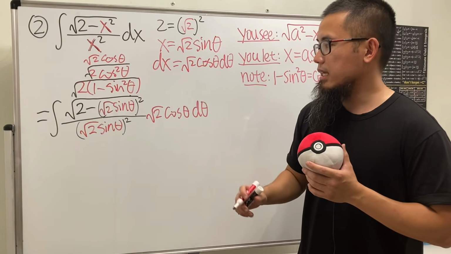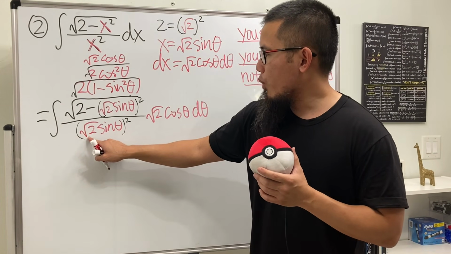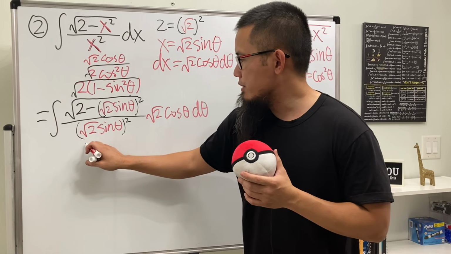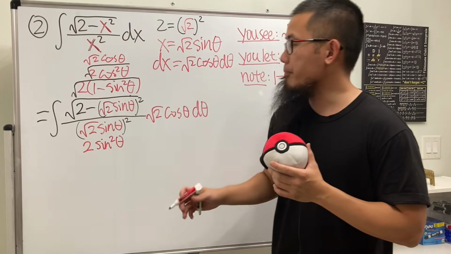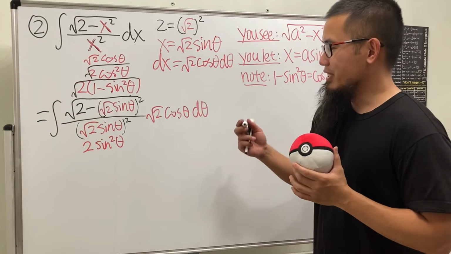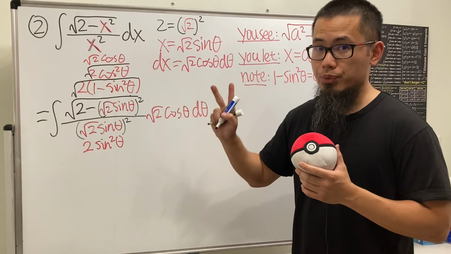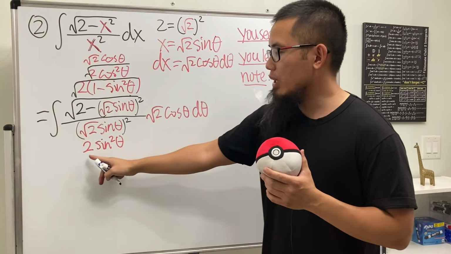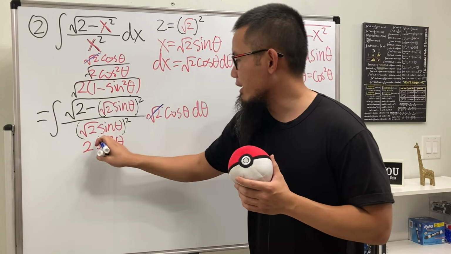So that's for that. And if you look at the bottom, here we have square root of 2 squared, which is just a 2. And then this right here is sine square theta. Alright? So this is what we have. Check this out. Square root of 2 times square root of 2 is a 2. That's on the top. But here we have another 2. So they all cancel each other out.